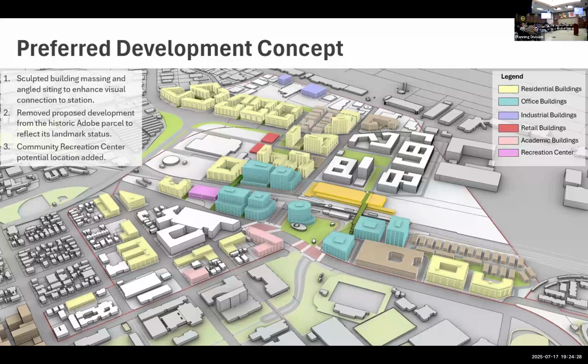So the reason for the blue buildings where they are is we're just trying to capture the first layer of parcels around the station and say that those are strongly suitable for office, yet not mandatory for office. But that office ideally wants to be closer to the station.